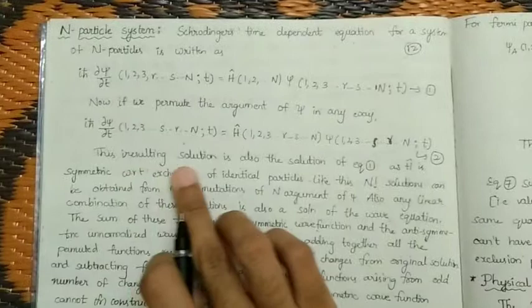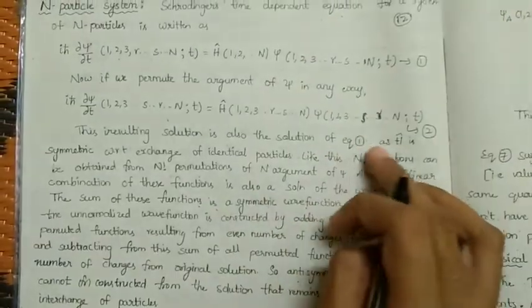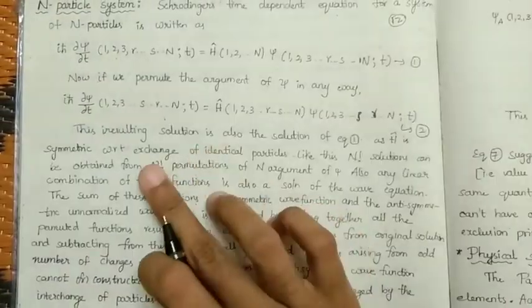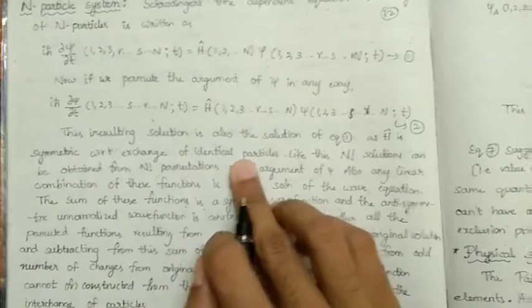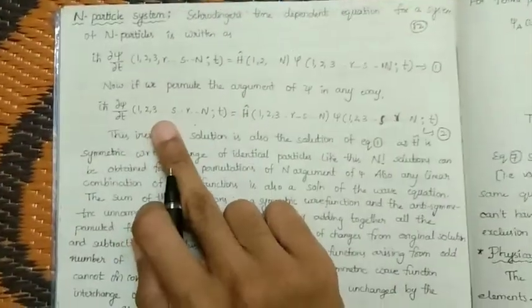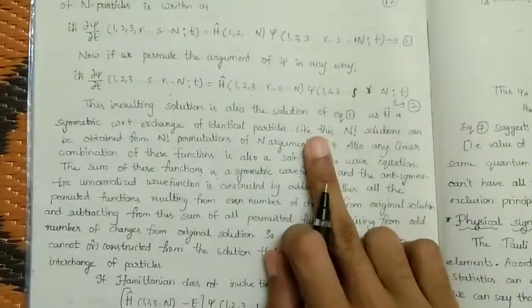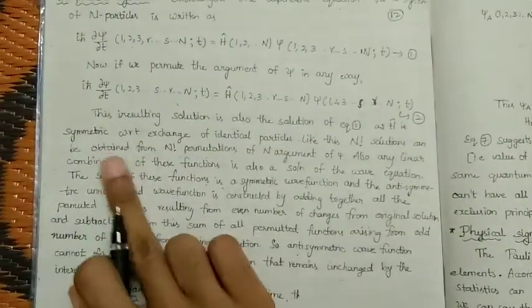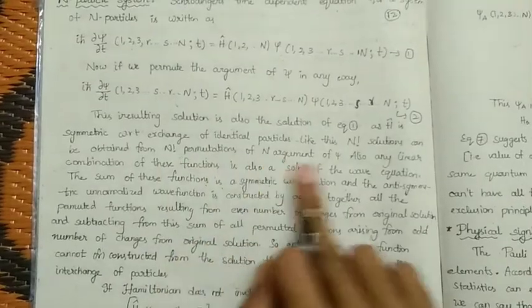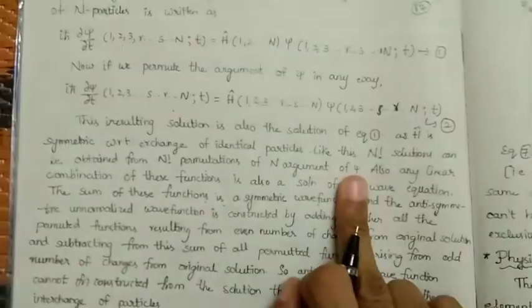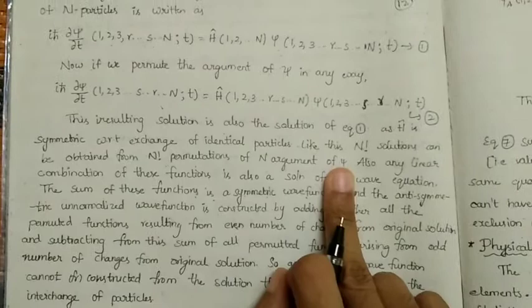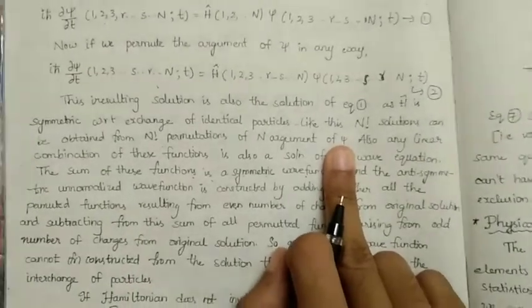So this resulting solution is also a solution of equation 1, as H is symmetric with respect to exchange of identical particles. So this is also one of the possible solutions of this Schrodinger equation. Like this, n factorial solutions can be obtained from n factorial permutations of the arguments of psi. This point has already been discussed in the construction of symmetric and antisymmetric wave functions.